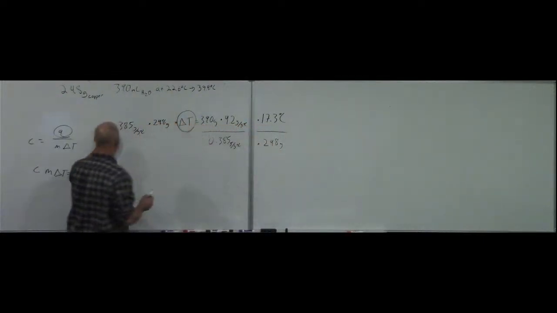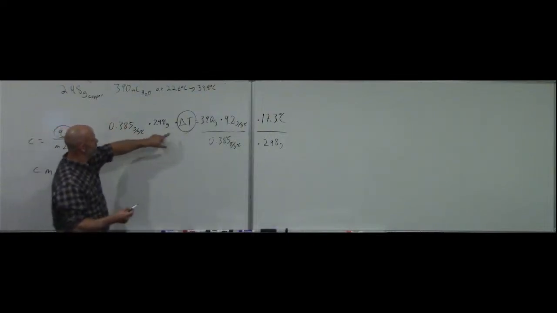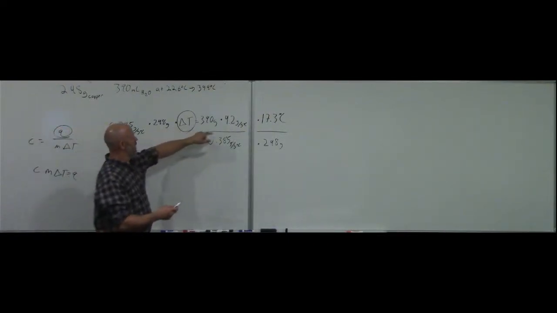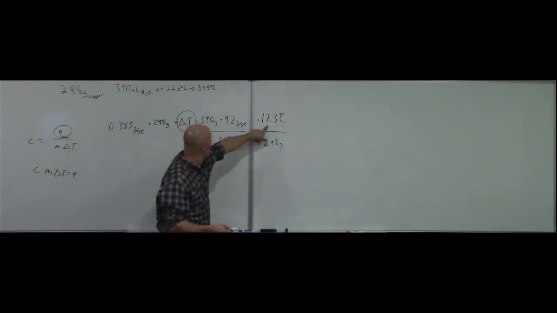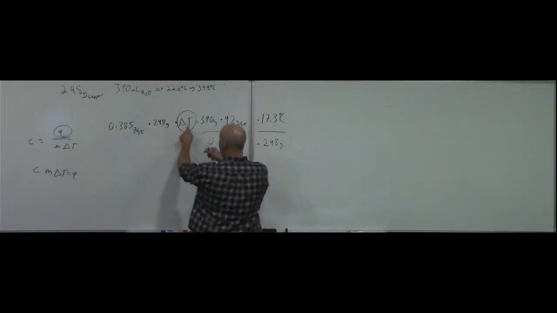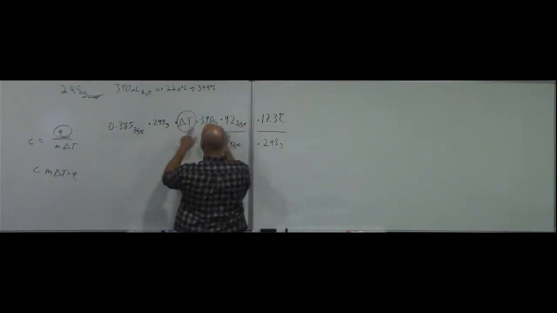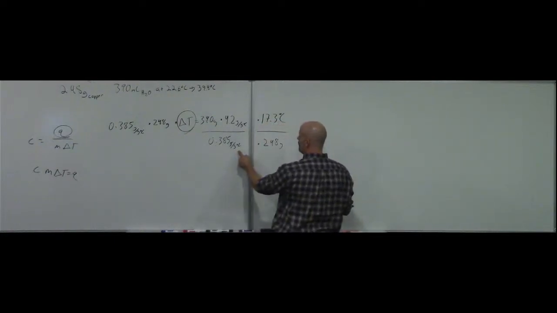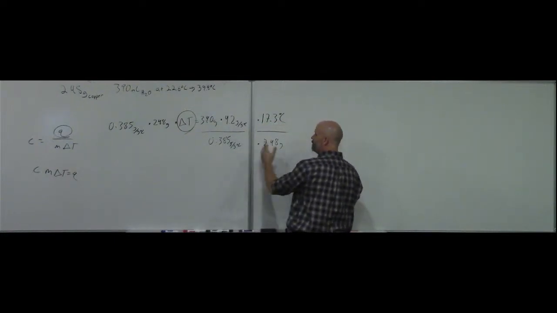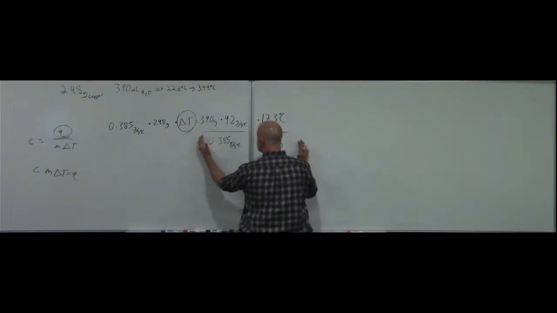So we set this up. This was C, M, delta T that I'm solving for. Here's C, M, delta T that I have, okay? To solve for this, I've got to divide both sides by this. So I put 0.385 joules per gram degree centigrade and 248 grams over here, so delta T equals this.